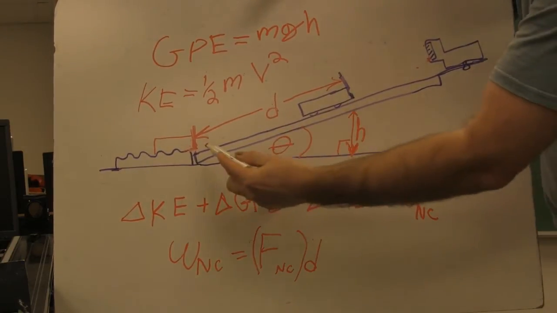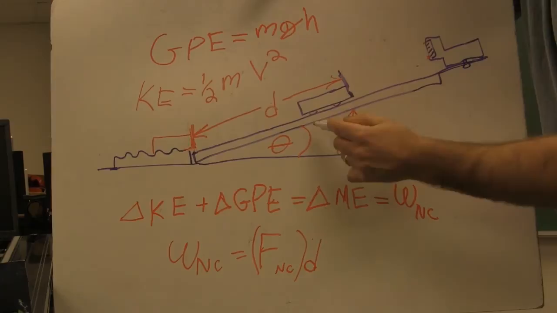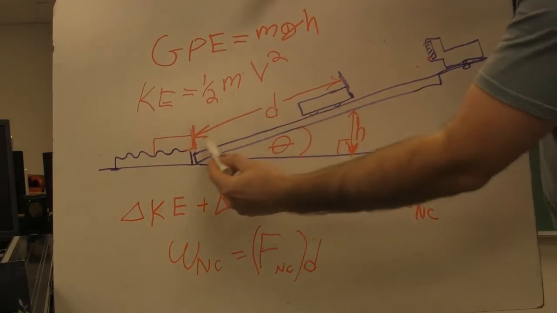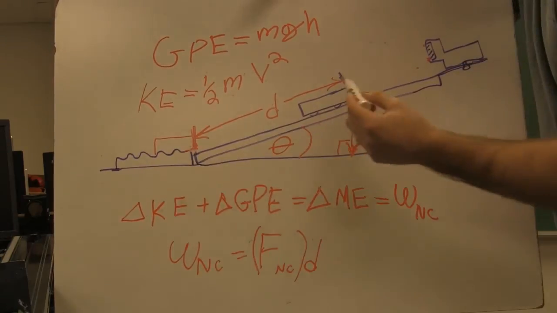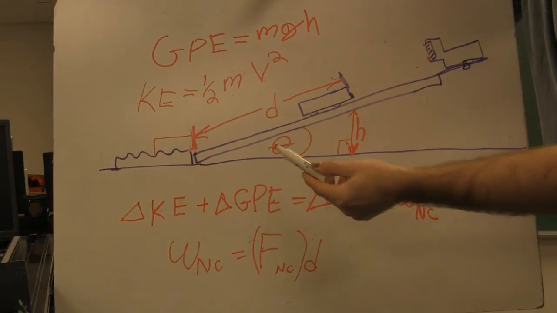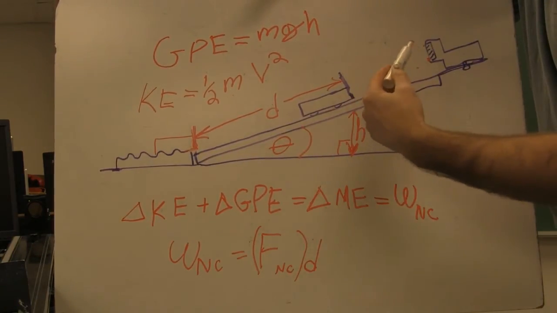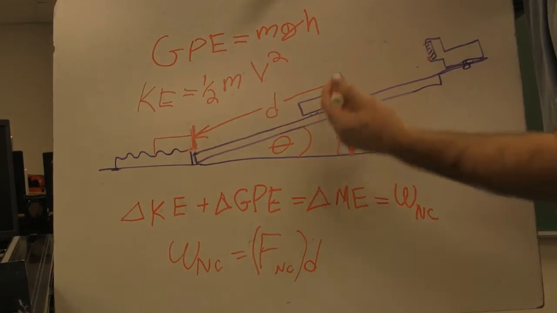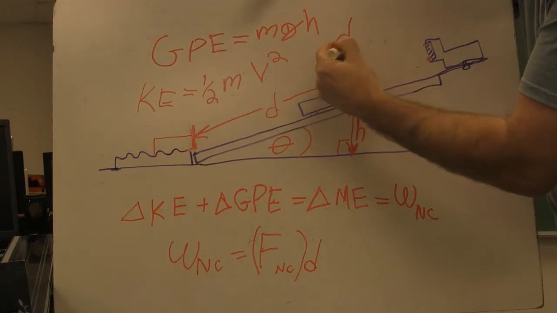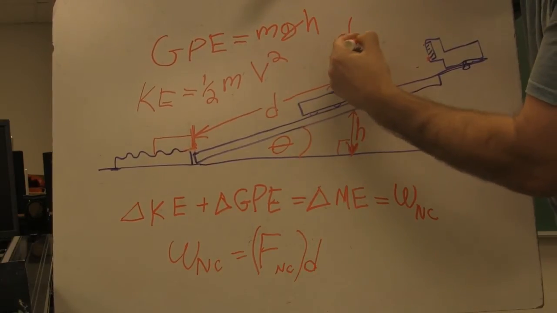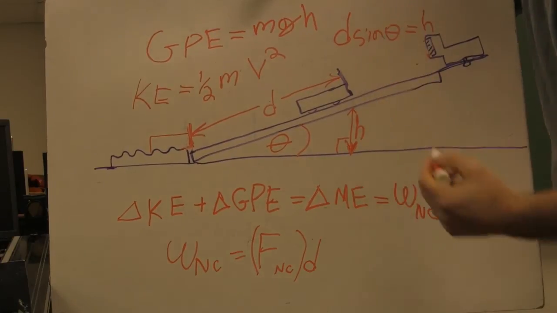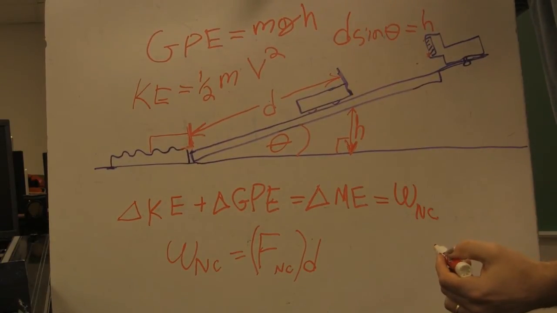And so now you can do a mathematical transformation of the distance data that you're getting after you zero the cart and then reverse the sensor direction using your software. Now you can do a mathematical transform. And it says that d sine theta is equal to h, the height.